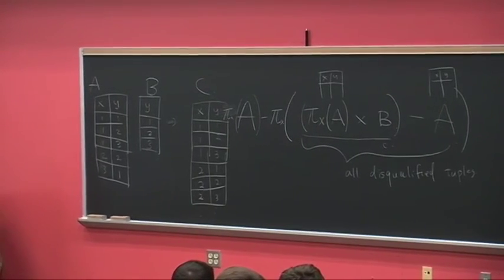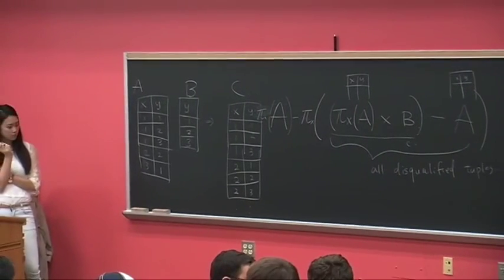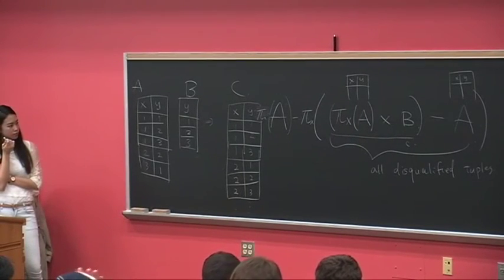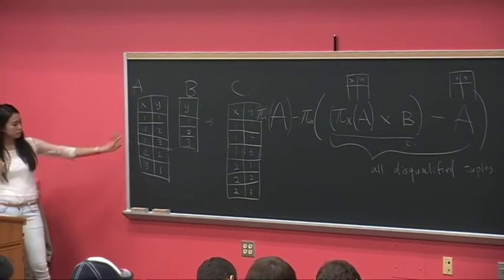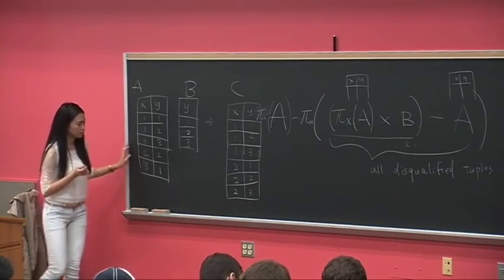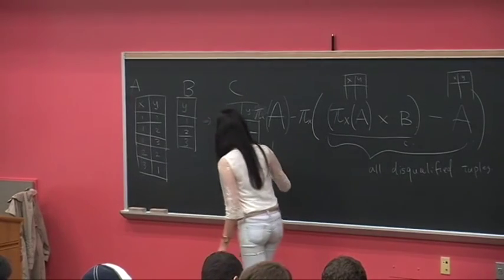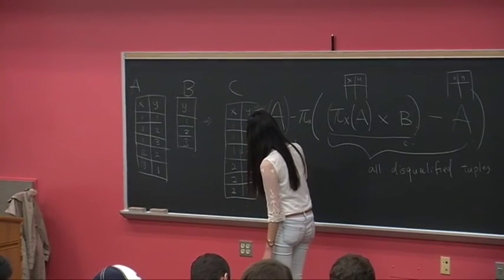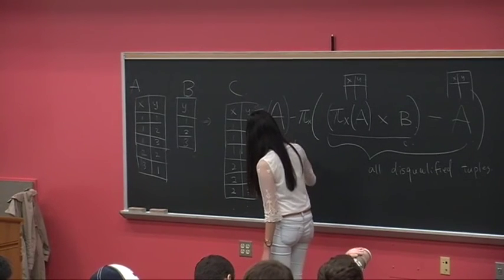If you subtract A, you have 2, 1, 2, 3, and 3, 1, 3, which are not in A. Then you subtract them, you get 1, 2, and 3, which satisfies. And if you choose projection from A, you get the final result of what you want.